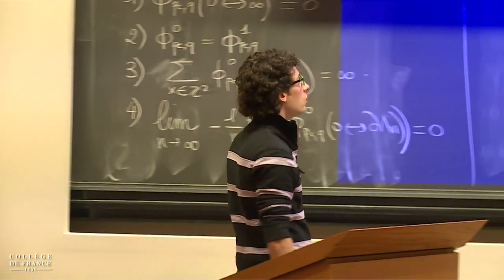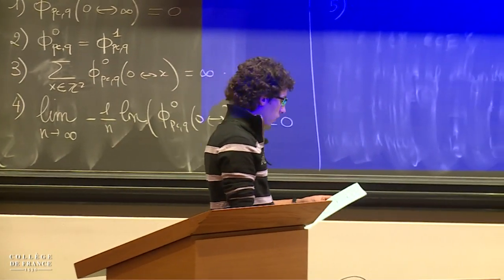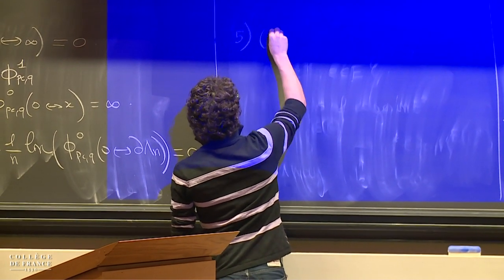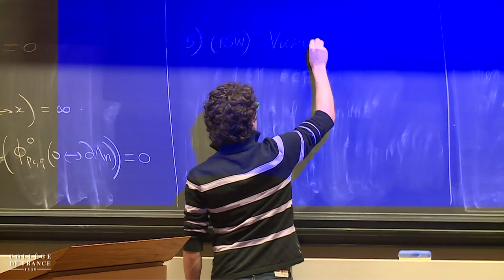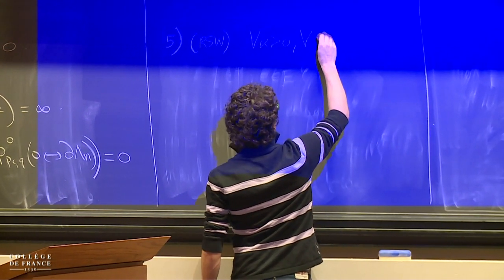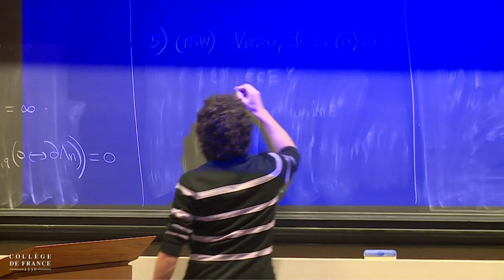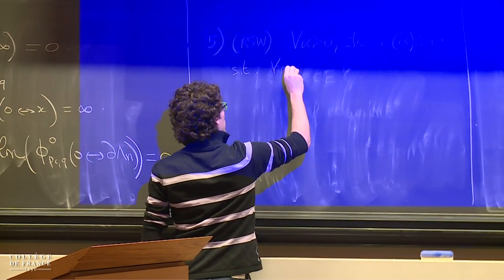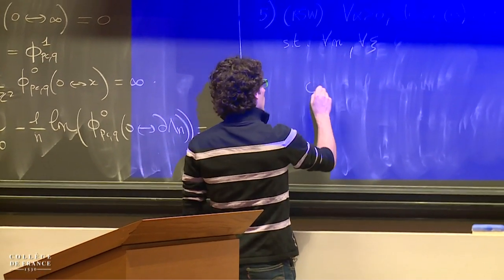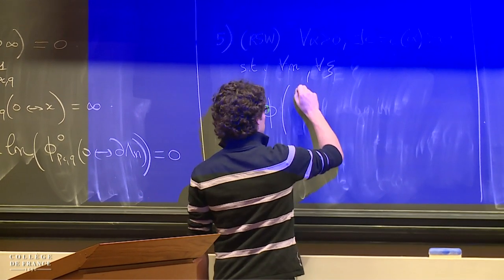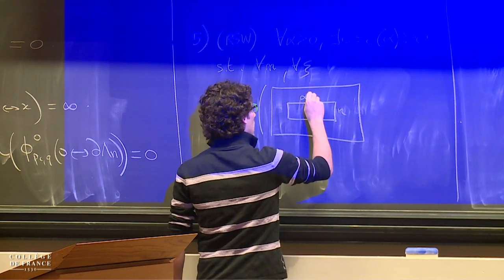And there is a last definition, more geometrical, and that will be the one that is the most useful to us, which is exactly this Russo-Seymour-Welsh property. It says that for every alpha positive, there exists a constant that depends only on alpha, such that whatever the size n, and whatever the boundary condition psi, imagine I have a big box like that, and I take a box of size n times alpha n inside.